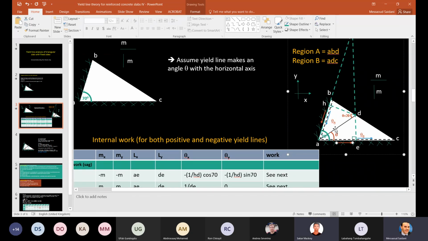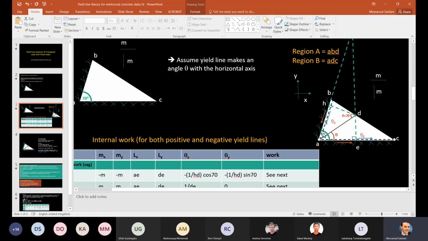The slab, this part of the slab, rotates out of the screen. This part rotates into the screen. So if you use your left hand, your thumb will give you this direction as shown. And the same here, this part will rotate into the screen.